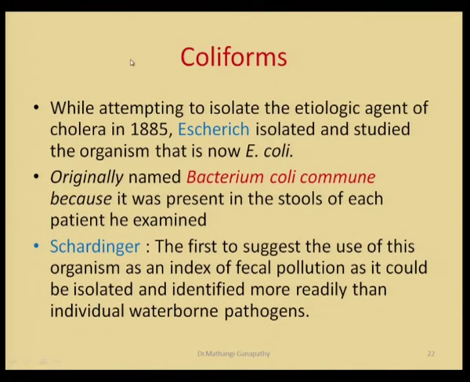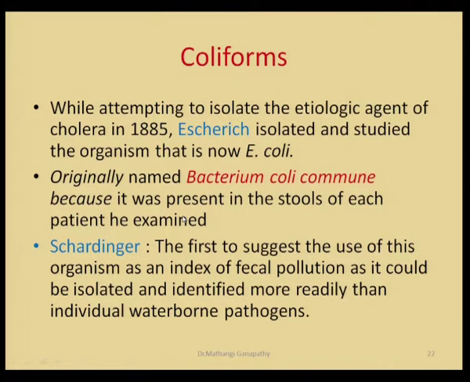The first indicators we talk about are the coliforms. While attempting to isolate the etiological agent for cholera in 1885, Escherich isolated and studied the organism that we now call E. coli. Since Escherich discovered it, it is called Escherichia coli. Originally it was named Bacterium coli commune because it was present in the stools of each patient he examined.